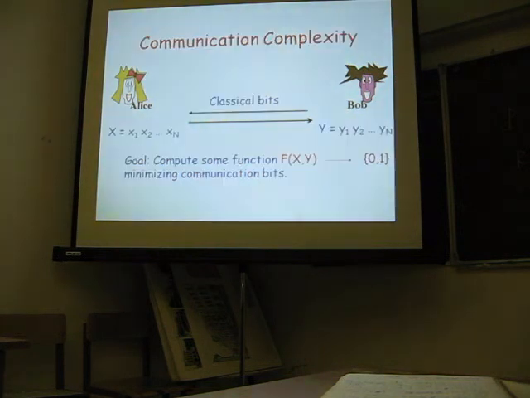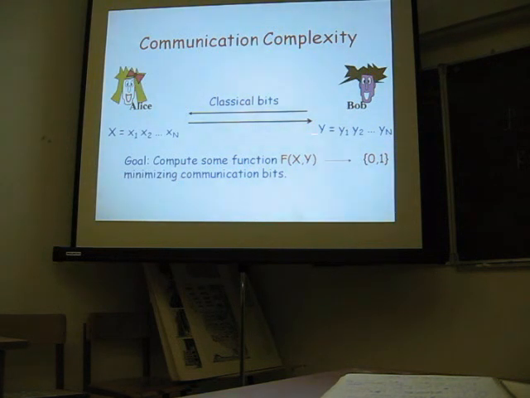Nevertheless, it's true. So I want to switch gears once more and go to a somewhat more interesting setting called communication complexity, where now Alice and Bob are not interested per se in sending a message to each other, but they're interested in computing some Boolean function that depends on both Alice's inputs and Bob's inputs.